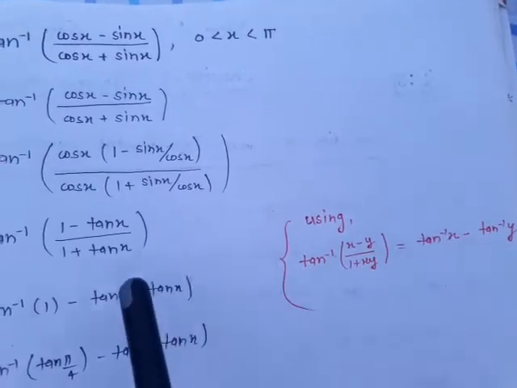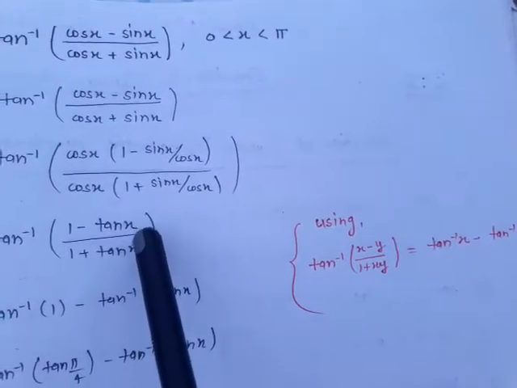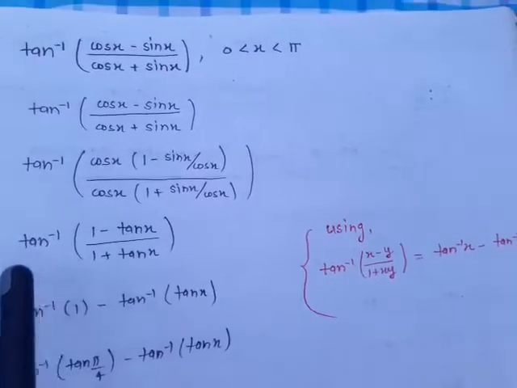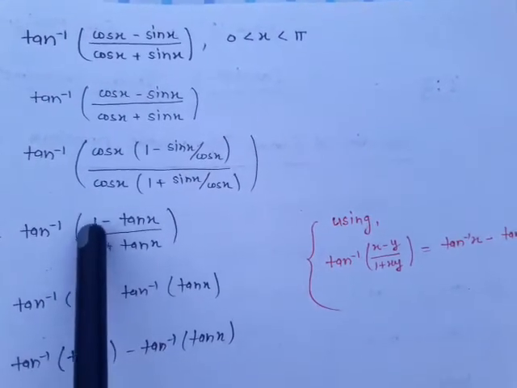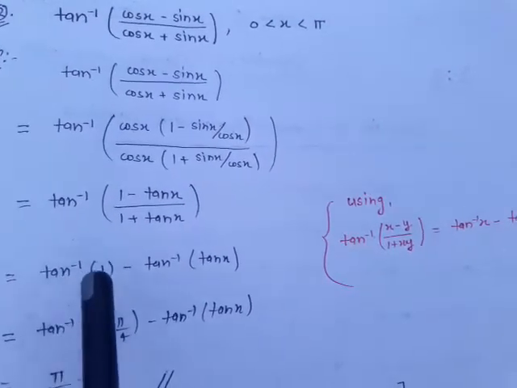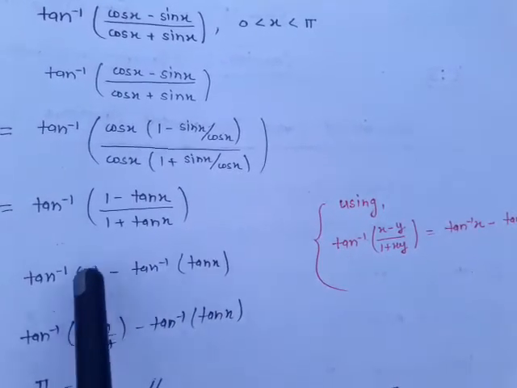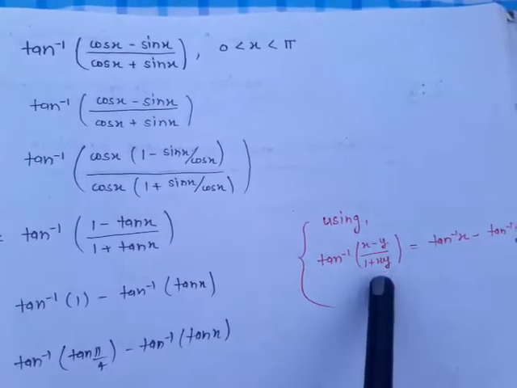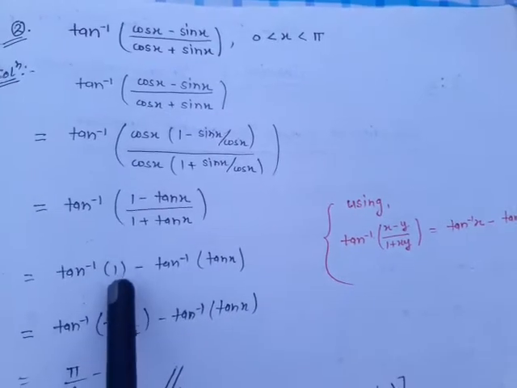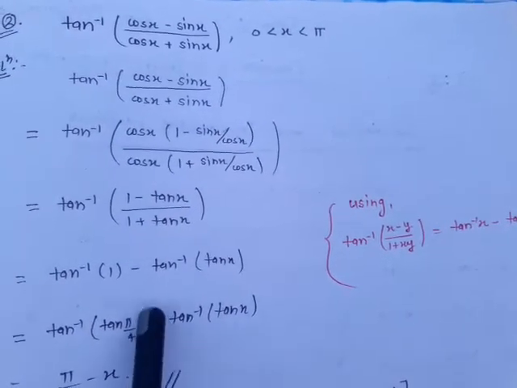Now in place of x we put 1, and in place of y we put tan x. So it reduces into this form, tan inverse 1 minus tan inverse tan x. Now 1 in tan, at which angle does tan come to 1?